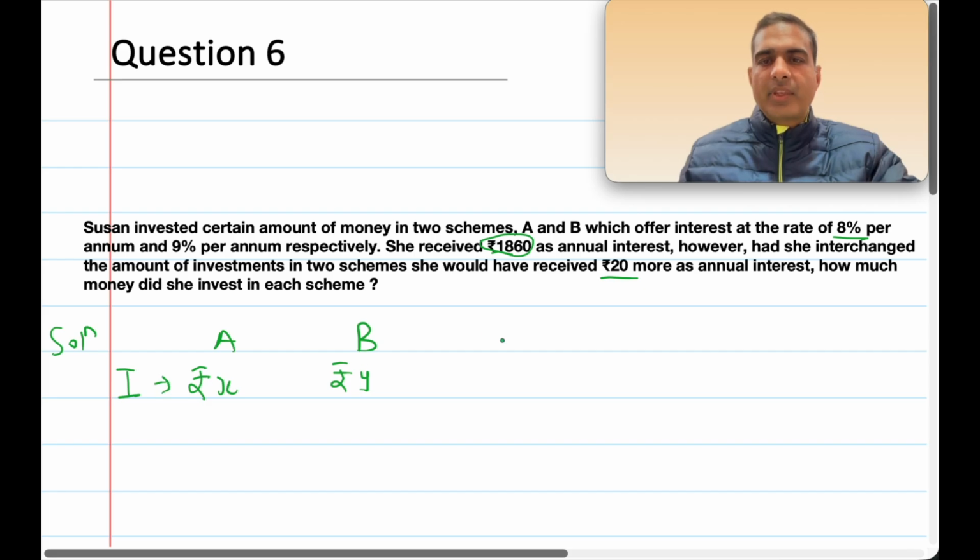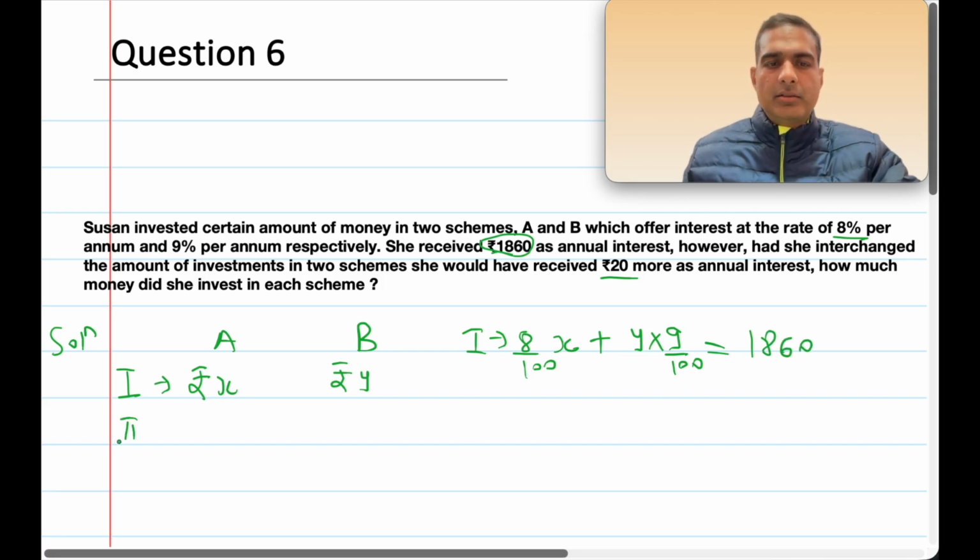A offered 8% interest, so 8% of the money invested, that is x, plus B offered 9% of the money invested, that is y, and this is the total interest earned from A and B, which in the question is given as rupees 1860.